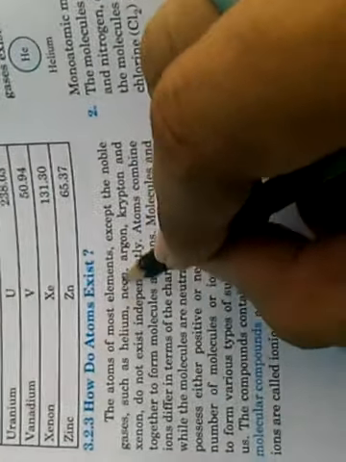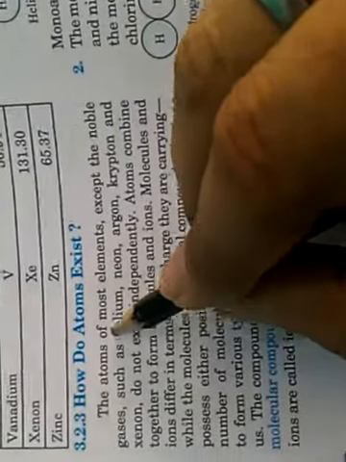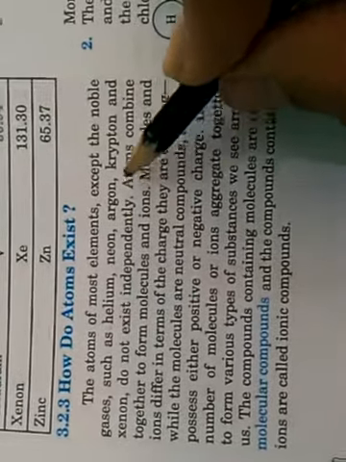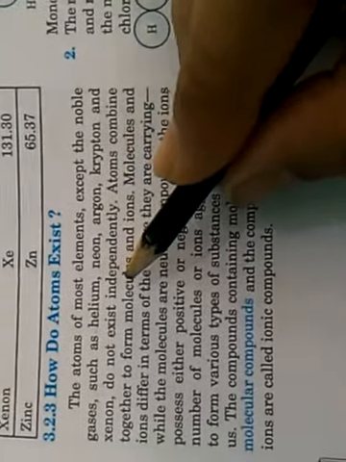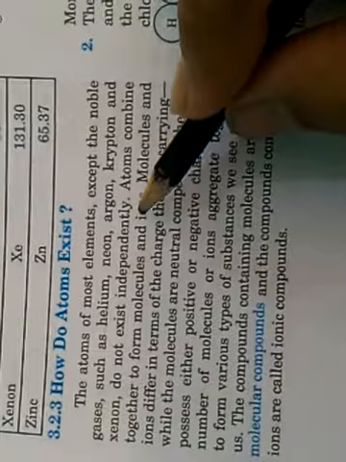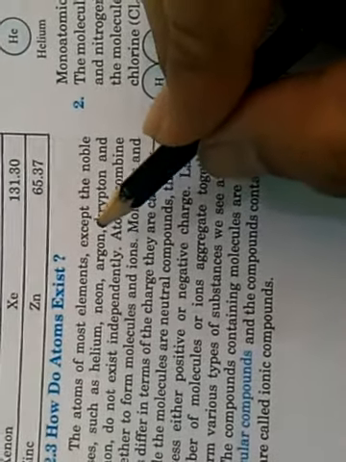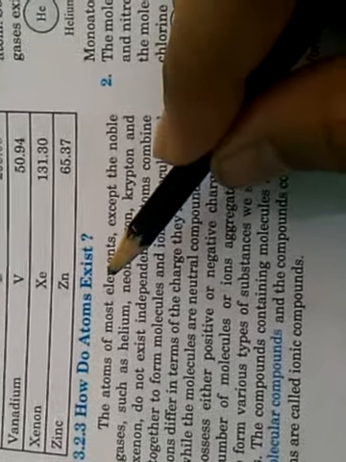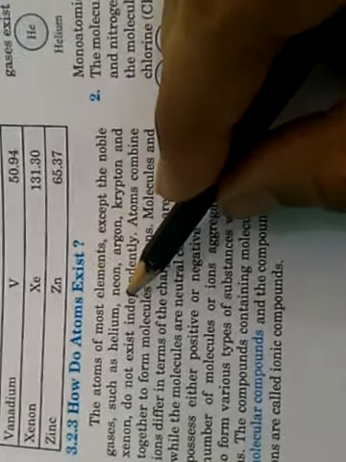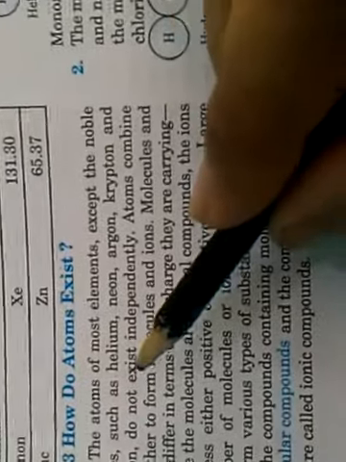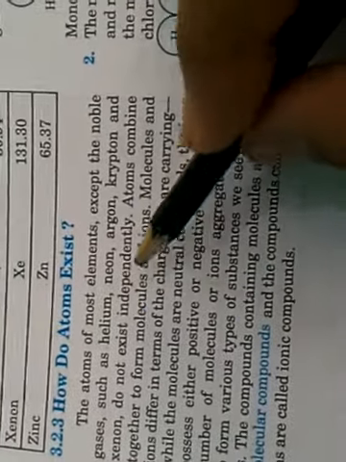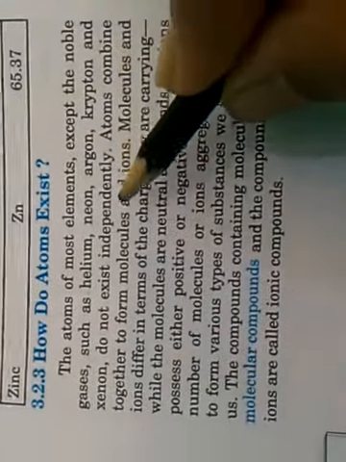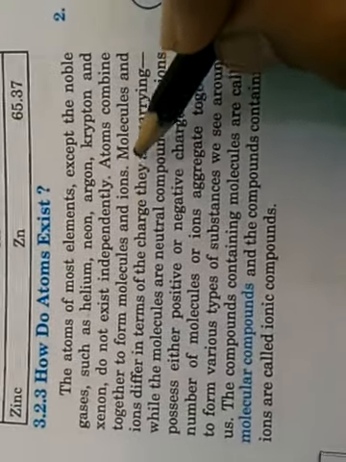How do atoms exist? The atoms of most elements, except the noble gases such as helium, neon, argon, krypton and xenon, do not exist independently. Independently means at atomic level, which means a single atom. If a single atom can exist in normal conditions, then it is called existing independently. Atoms combine together to form molecules and ions.